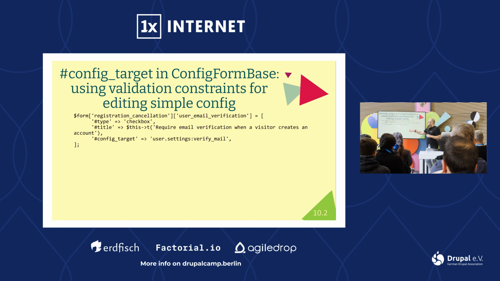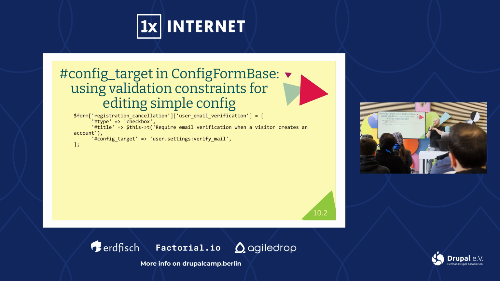So there's a config target now that you can put on a form. If you define this, you can say in user.settings, find the verify email key and make sure that every single configured constraint on it also is valid when I submit this form.